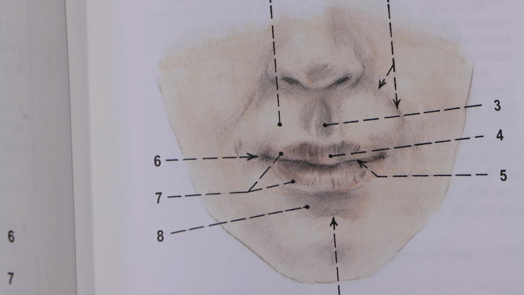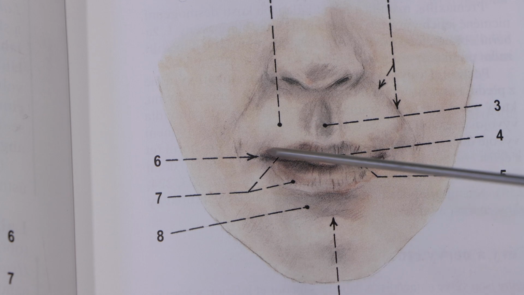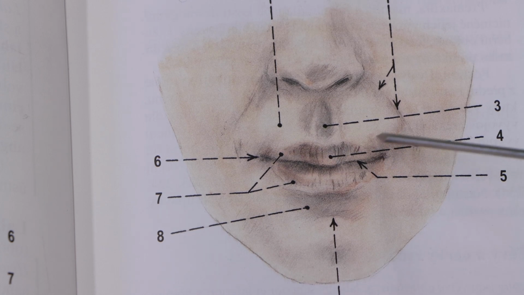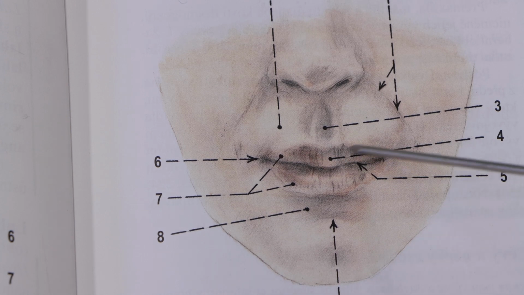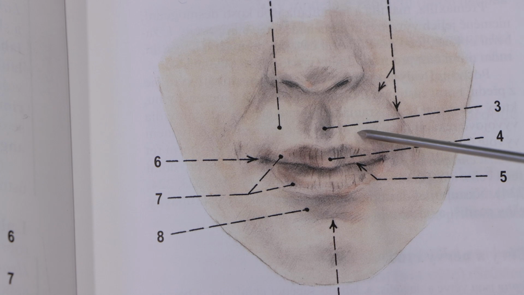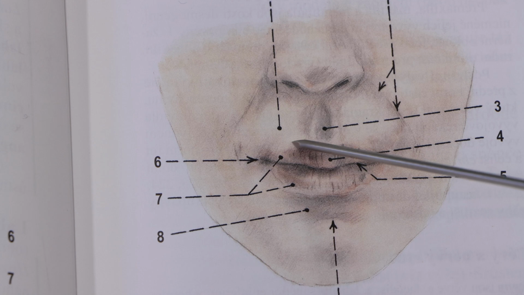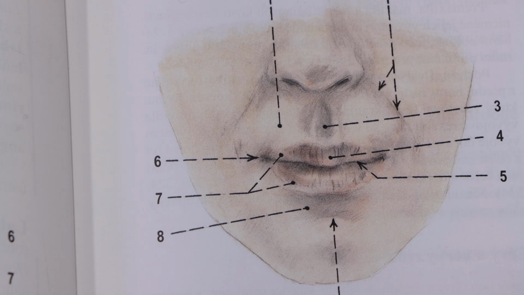And as you see, the upper lip and lower lip have some part that is more reddish. The border between this reddish part and the normal skin region of the lip is called the transitional zone.